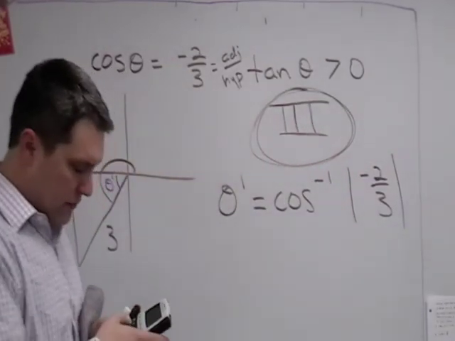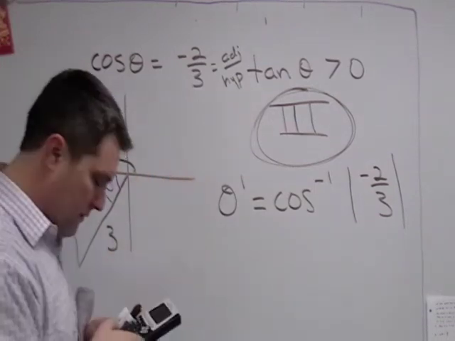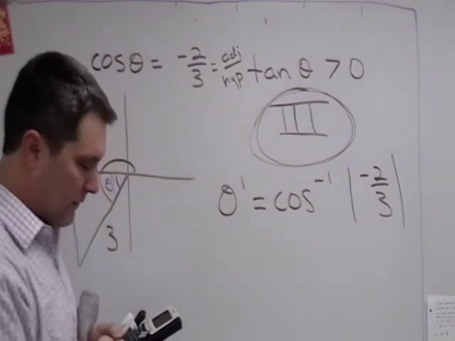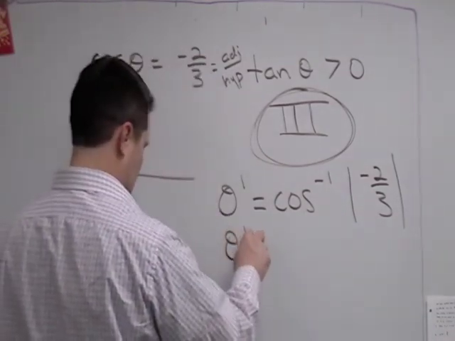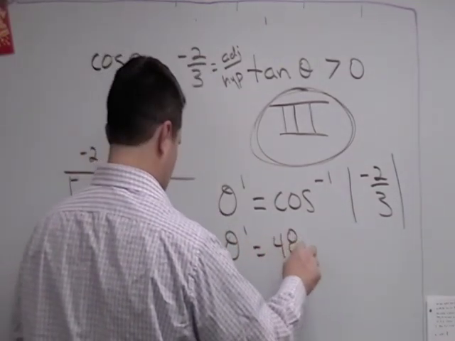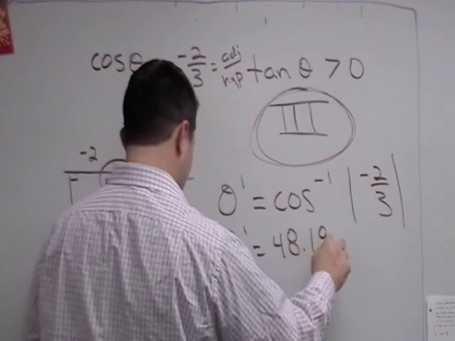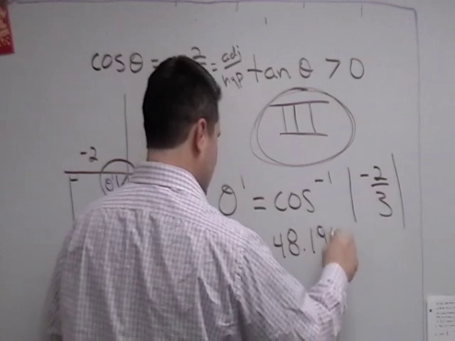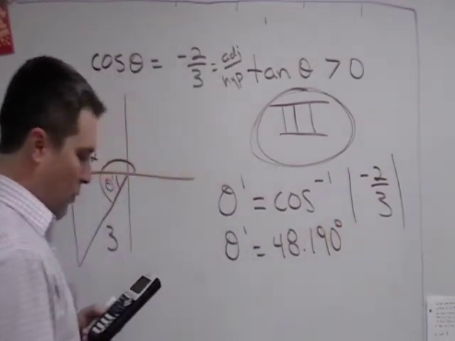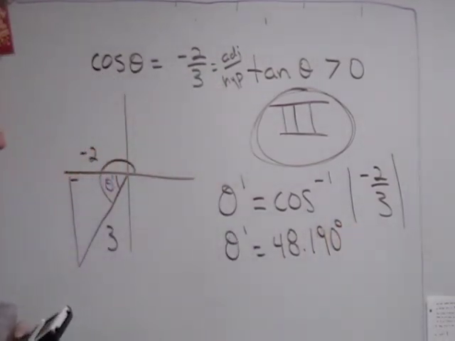The absolute value is going to make this positive, and we do 2/3. So this angle, theta prime, is 48.190 degrees. Okay, that's theta prime.